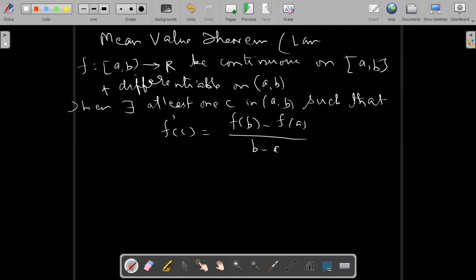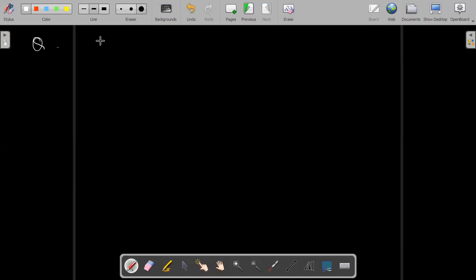This is also called the Lagrange mean value theorem, LMVT. Okay, so for example, suppose we have been given the question f(x) is equal to x cube minus 5x square minus 3x, in the interval 1 and 3.